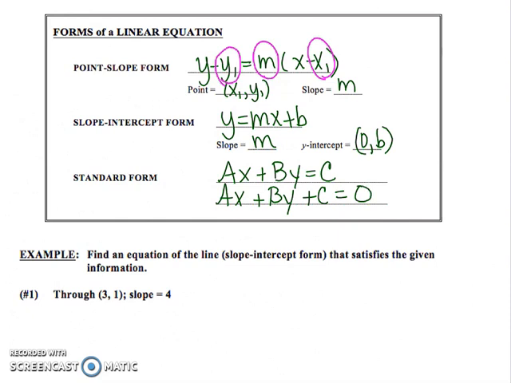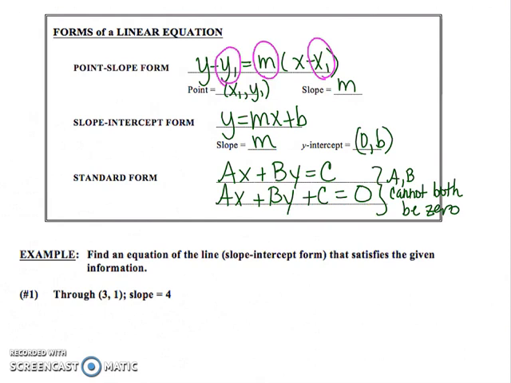But either way, when you're talking about standard form, the one thing that you have to keep in mind is that A and B cannot both be 0. Because if A and B are both 0, you don't have a line. Okay, one of them can be 0. If either A is 0 or B is 0, you have a constant function.